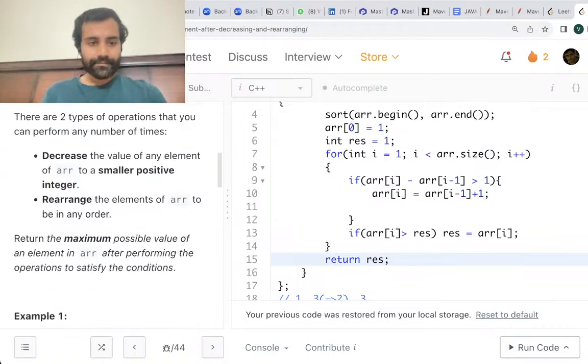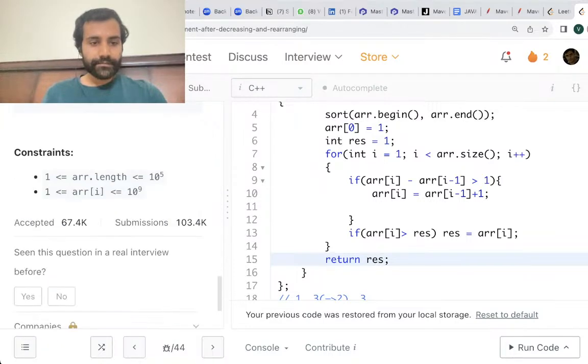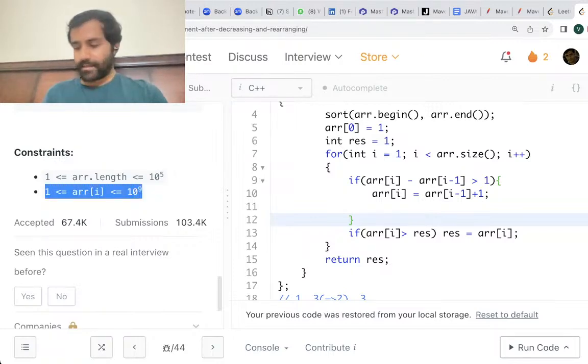Count sort. What is the range of elements? Oh, the range of elements is between 1 and 10 power 9. Did you see that? What is the complexity of count sort? Is count sort always order n? Is it always linear?